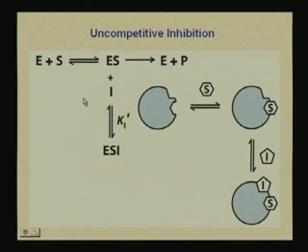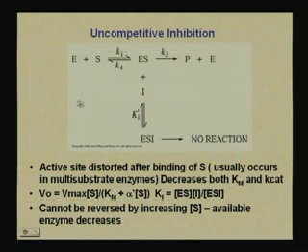Okay? So, this is the basic difference between these. This ternary complex, the ESI, is not going to give us any reaction. The active site is distorted after binding of the substrate. This usually occurs in multi-substrate enzymes, where you have more than one substrate, like the bi-substrate reaction that I showed you, where inhibitors can act.